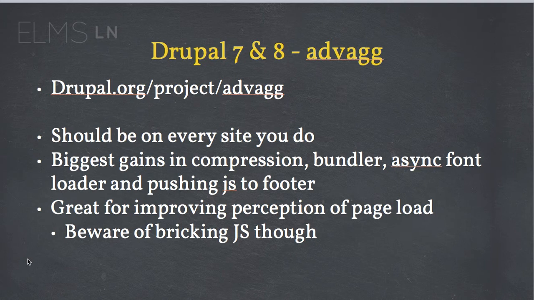So this is really good when you get into front-end performance, but beware, some of the options can brick your JavaScript if it's poorly written. So just fiddle with it. Generally speaking, you can do things like move JavaScript to the footer, which is better because then it's not blocking the rendering of the page. There's some stuff around asynchronous font loading, which is pretty impressive, but doesn't work on all of my sites. So things to look at.